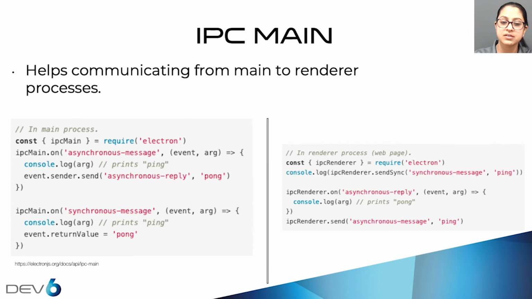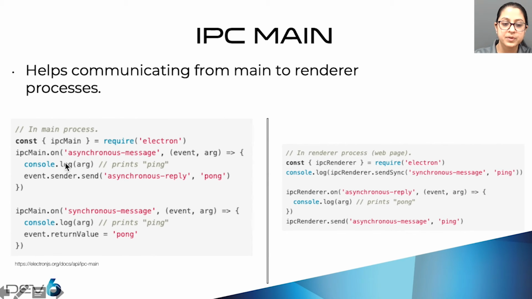And the next one, the very important one, is ipcMain. This is the inter-process communication which we were talking about earlier, like how the main process passes some messages to the render process. ipcMain will be used in the main process. We will quickly go through this snippet where we are showing how messages are passed between the main process and the render process.